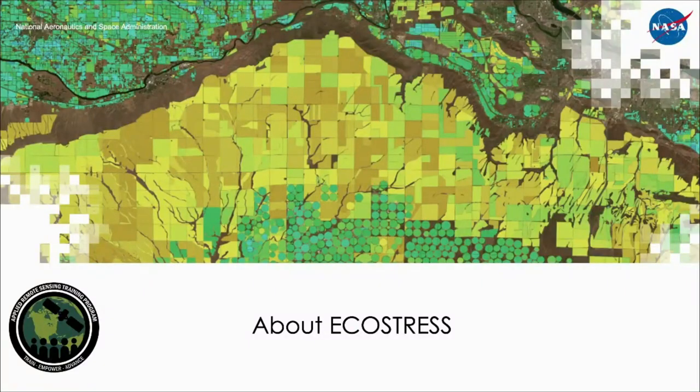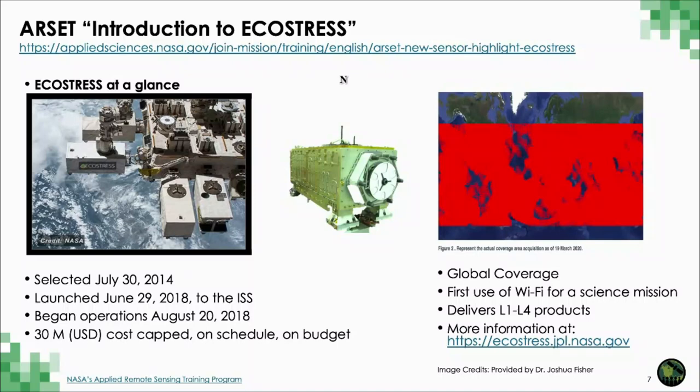So just to talk about ECOSTRESS briefly, ARSET actually already conducted a webinar a couple of years ago on introduction to ECOSTRESS, and here is the link with a lot of very informative details. But just at a glance, the ECOSTRESS mission was launched in June 2018, and it started operations in August 2018.